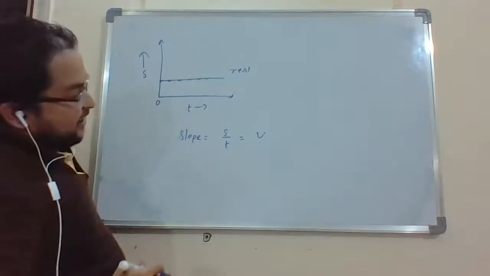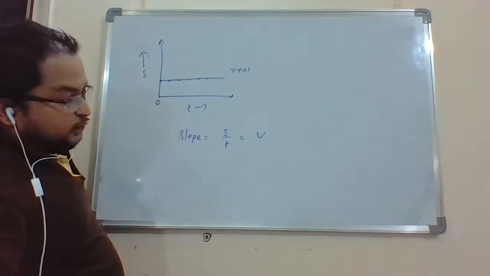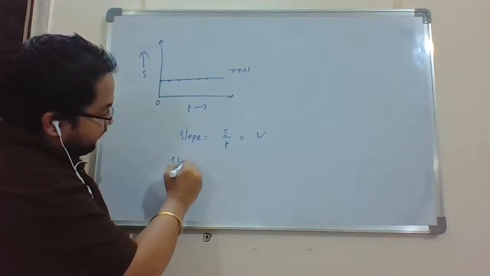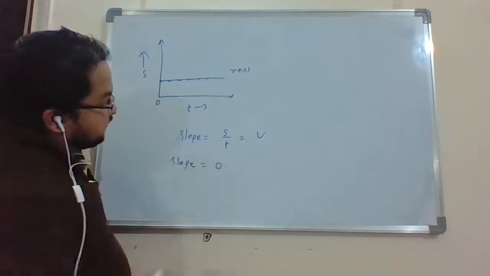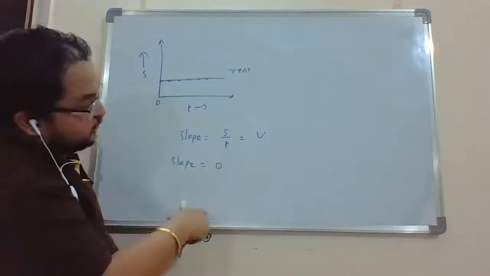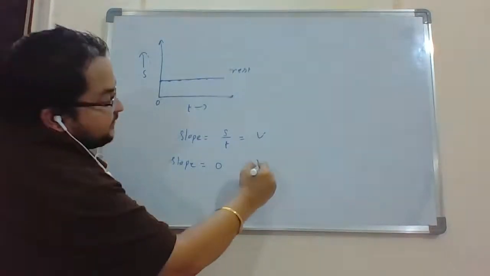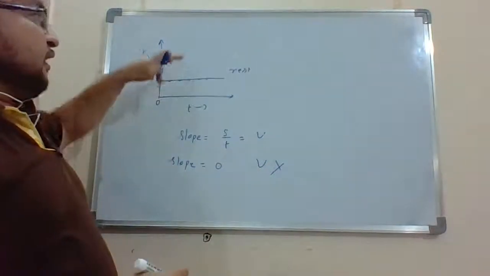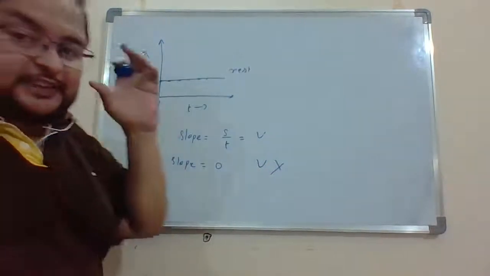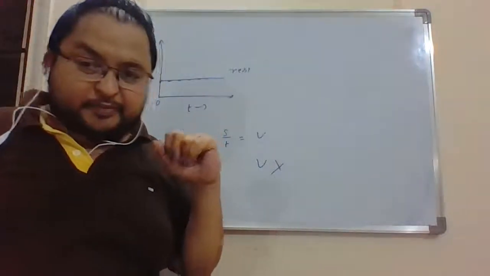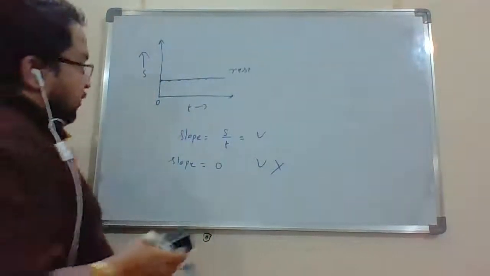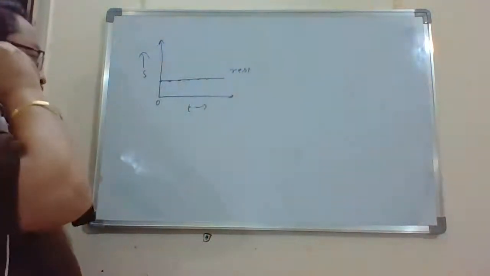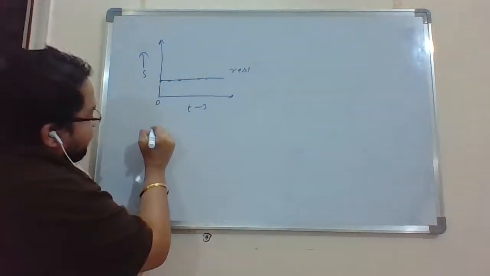This theta is nothing but 0, so your slope here is 0. And if your slope is 0, that obviously indicates it has got no speed, and if it has got no speed, this also proves that this is at rest. Now let us change it slightly and let us go to the next graph.